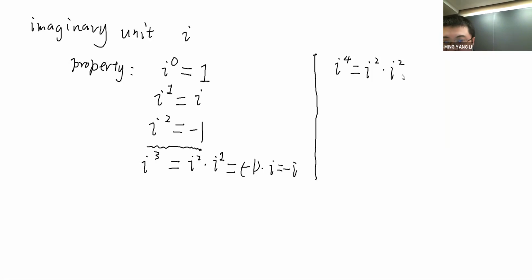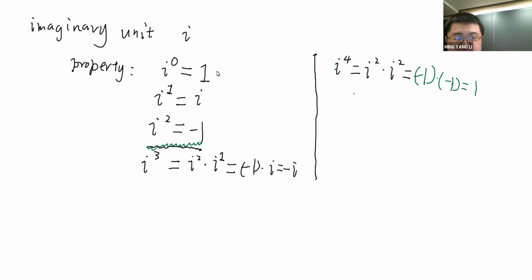We already see that I to the power of 2 is -1, so this is -1 times -1, which equals 1. So now we have a special case: I to the power of 4 equals 1.